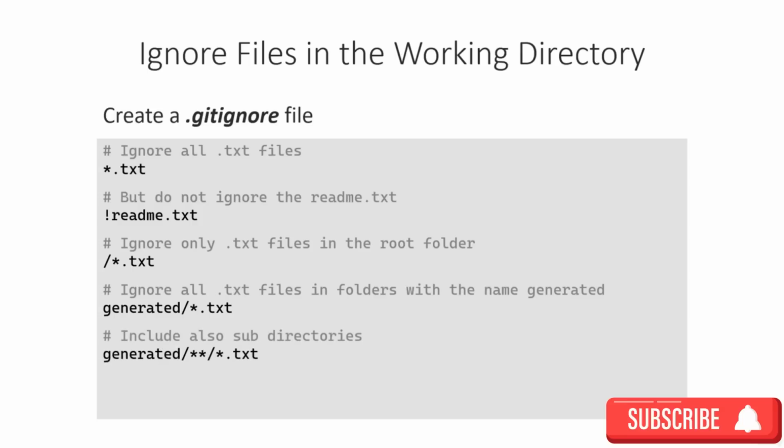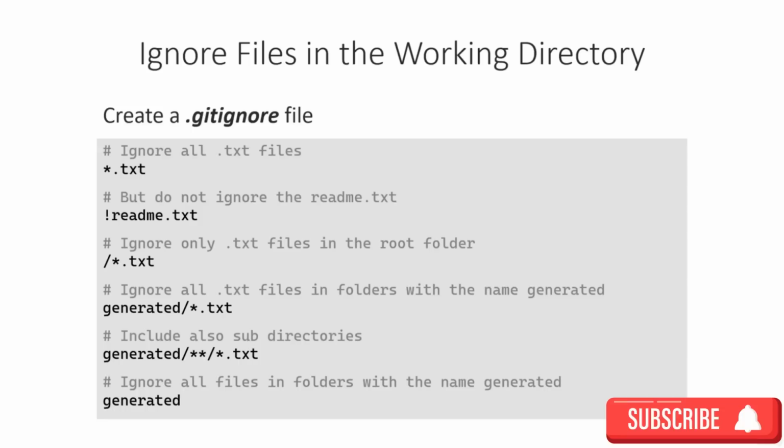You can put two stars into the path to include also subdirectories. So this will ignore all the text files in all generated folders, including their subdirectories. If you want to ignore all the files in folders with a name generated, you can just add that folder name to the git ignore file.